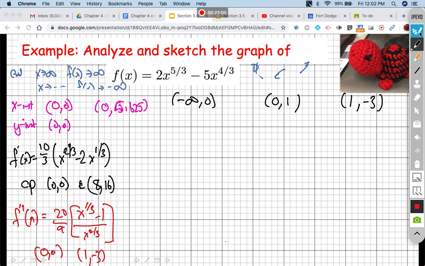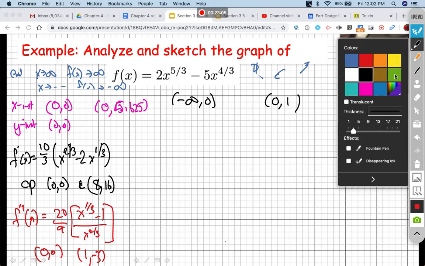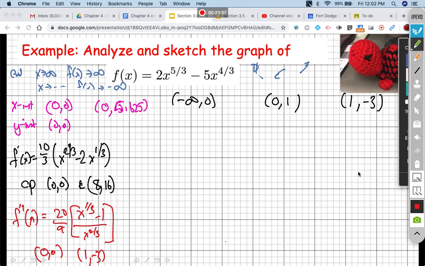So let's look at concavity first. If we pick a point here, f double prime, let's go at negative 5. If we look at the second derivative, this is always positive because it's an even power. So here a negative number will make this a negative minus, so this is going to be less than 0. This is concave down.